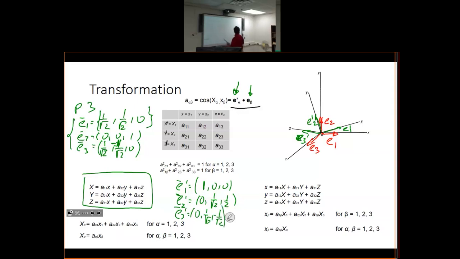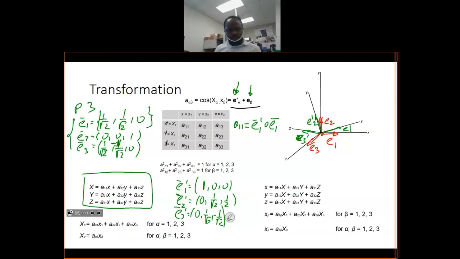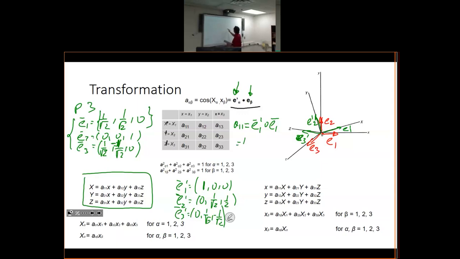Now, if I want to find A11, for example, I take the dot product E1 prime dot E1, okay? Which means this is 1, the first one, times 1 over square root of 2 plus 0 plus 0, correct?